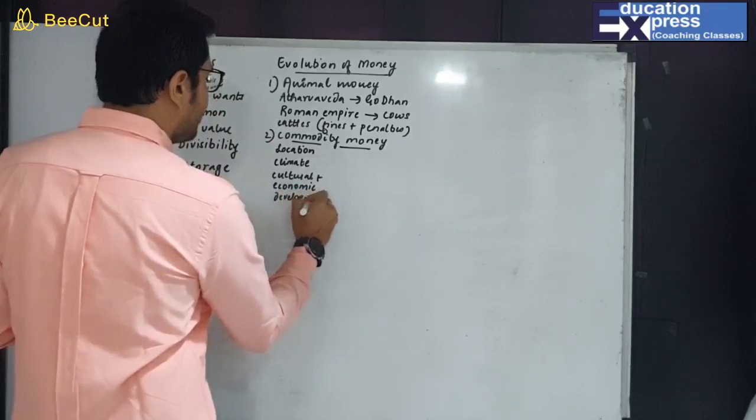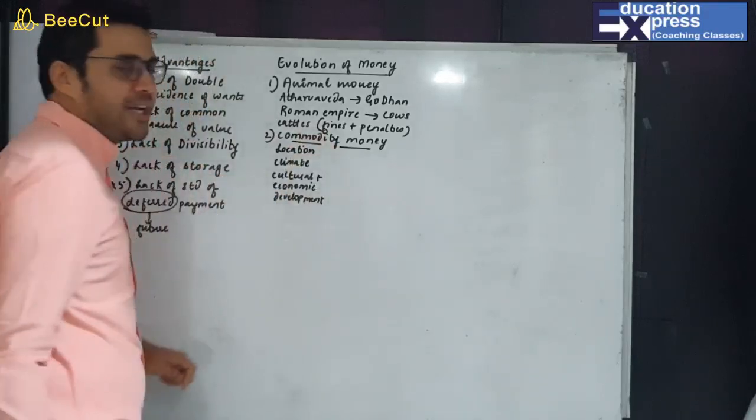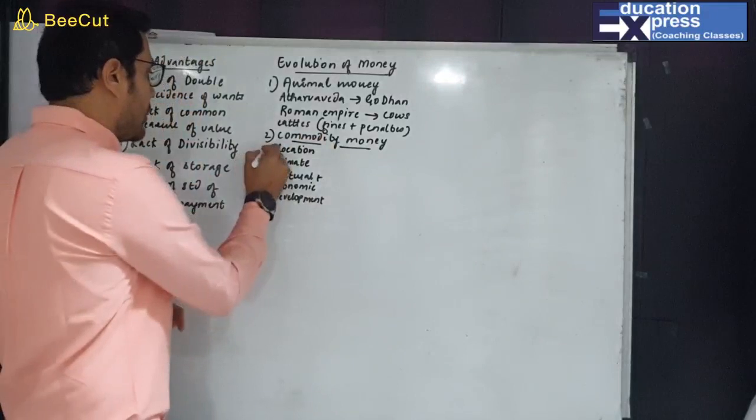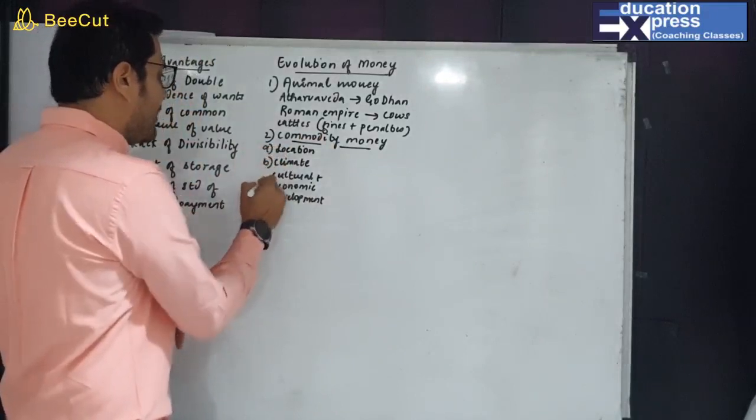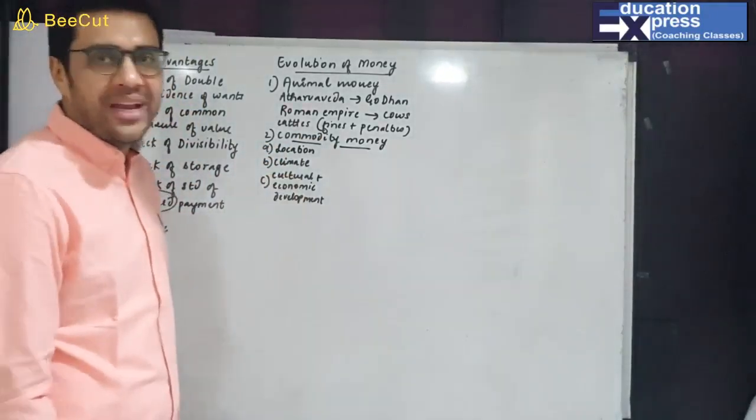So if I ask you three factors on which commodity money depended: location, climate, and third, cultural and economic development.